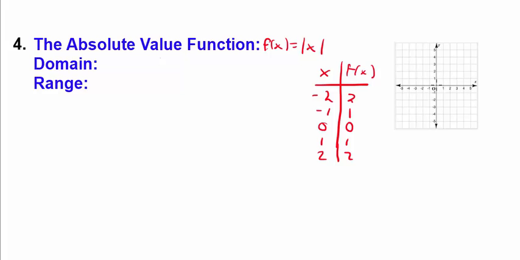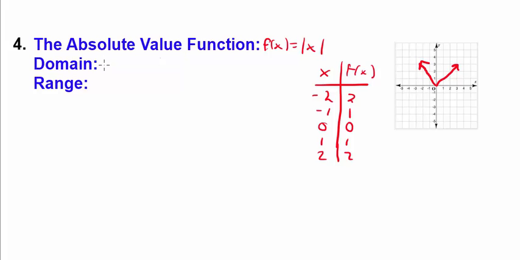In this case, what we have are two rays. It's the shape of a V, and it is symmetric. It's two rays where the endpoints intersect at the origin 0, 0.